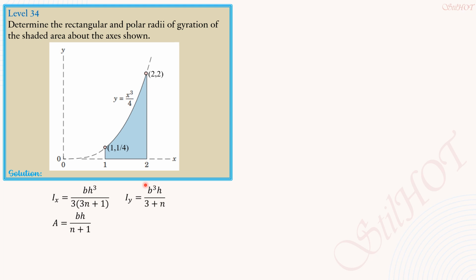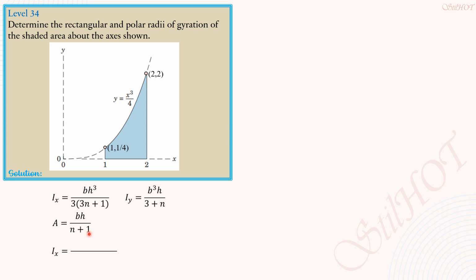So area, by the way, is bh over (n plus 1) in general, also derived in general from centroids of areas or regions, or from distributed forces, center of gravity. From that topic, you may want to review it also if you have not mastered that topic up to this time.